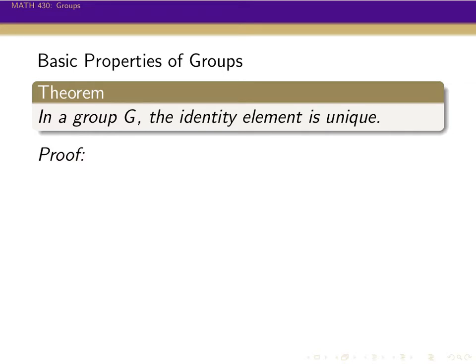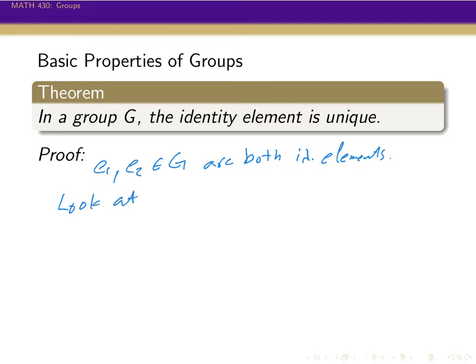Let's assume that E1 and E2 are both identity elements in G. Then what we're going to do is look at E1 applied to E2, so E1 star E2.